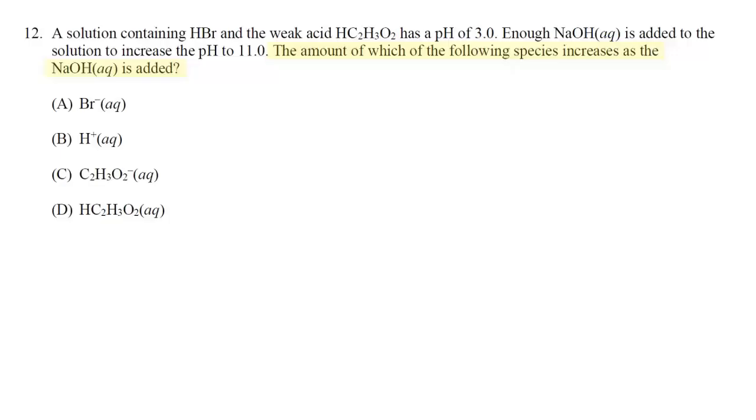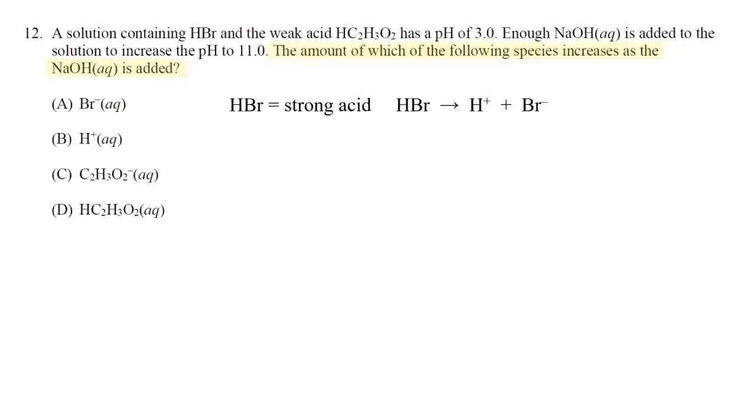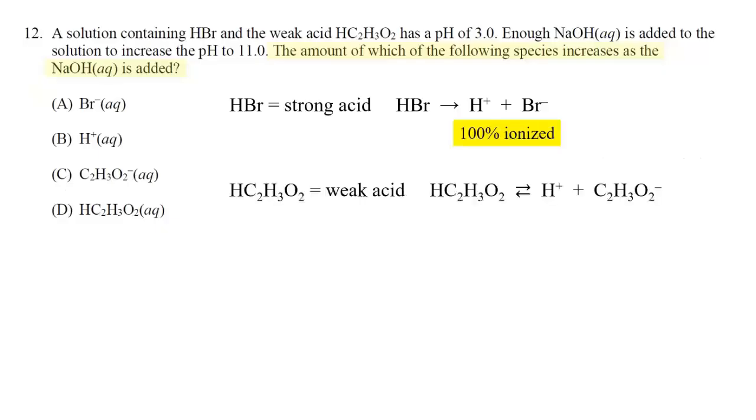So let's analyze what we have before the sodium hydroxide is added. As I mentioned, HBr is on your list of 6 strong acids that you should know. So that is a strong acid which 100% ionizes in solution. And then we have acetic acid which partially ionizes. So we have a mixture of both molecules of acetic acid, and then we have some of those ions of what is called acetate, or the conjugate base of acetic acid.